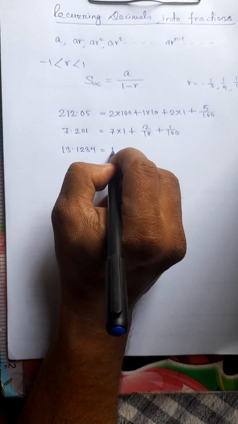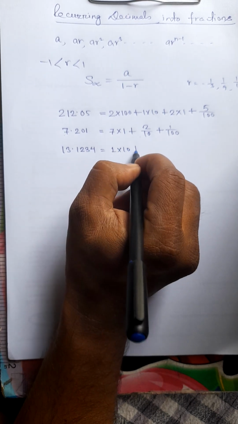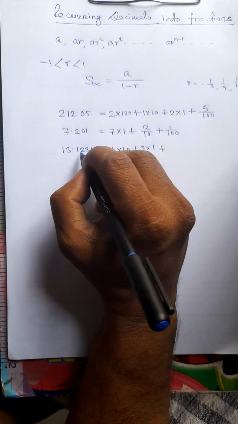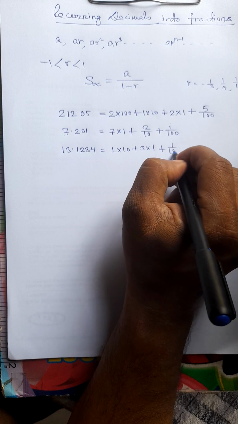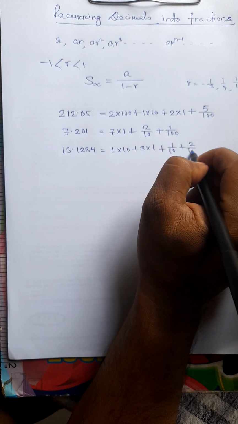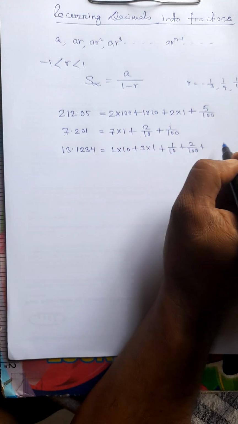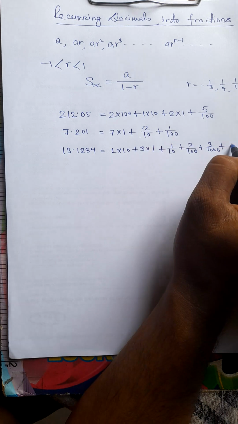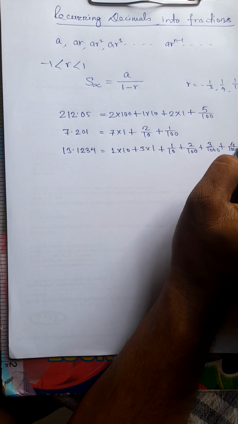So you will write it as 1 multiplied by 10, 3 multiplied by 1 plus this 1 is in 10th place, 1 by 10. This 2 is in 100 place, 2 by 100. This 3 is in 1000 place, 3 by 1000. Then 4 upon 10,000. Right.